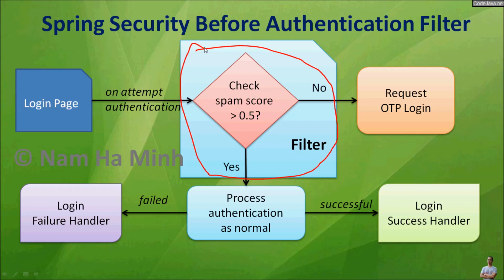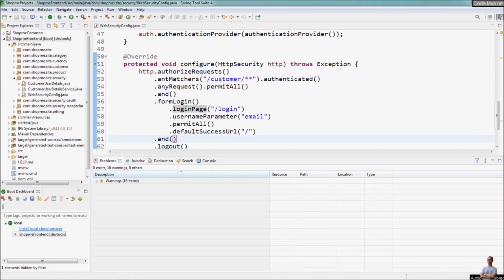This filter will be executed before a Spring Security filter. And in this video, I will show you how to write code to implement this before authentication filter in a Spring Boot project. Let me show you an existing Java Spring Boot project here.